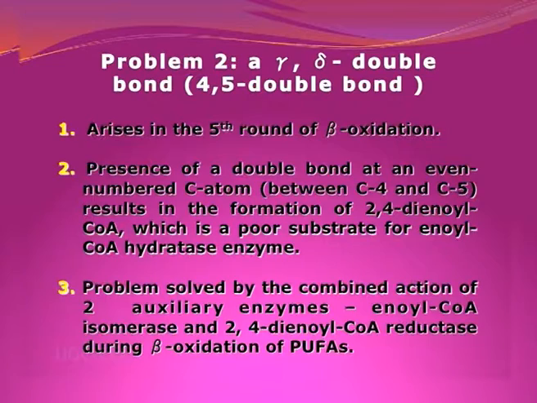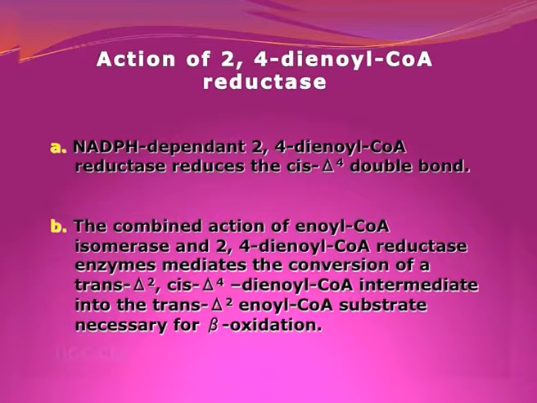So, what happens? Two different enzymes come and solve this problem. The first one is called enoyl-CoA isomerase and the second one is called 2,4-dienoyl-CoA reductase. Coming to the action of the enzyme 2,4-dienoyl-CoA reductase, this is an NADPH dependent enzyme.